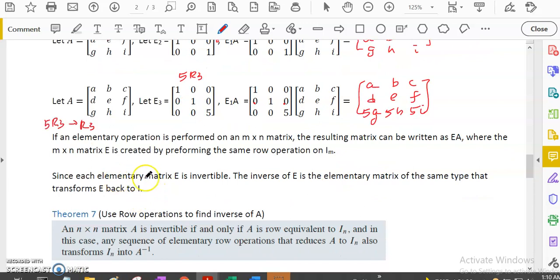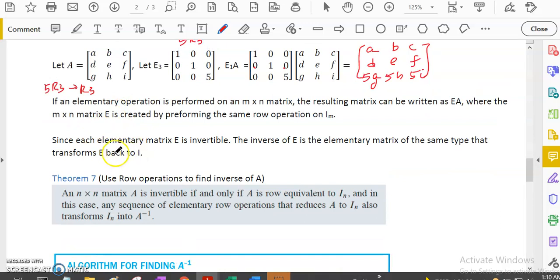So this elementary matrix E, they're all invertible. They're all invertible, and the inverse of E is the elementary matrix of the same type that transforms E back to I. So the good thing about this is that the inverse of this is actually going back, right? Because they're elementary. I didn't go into detail, but you just have to trust it.